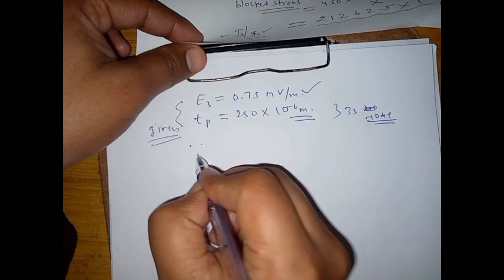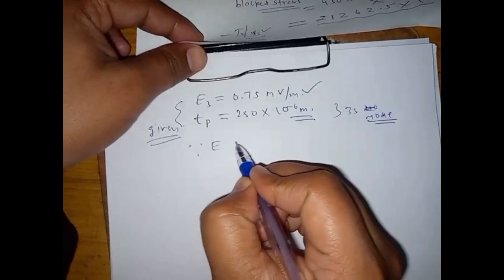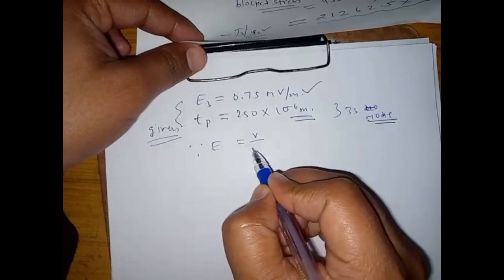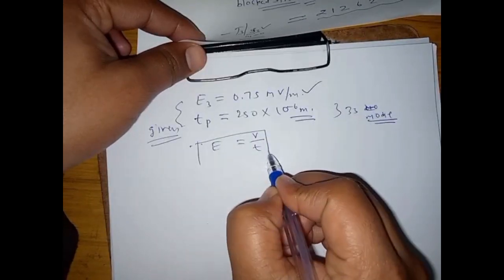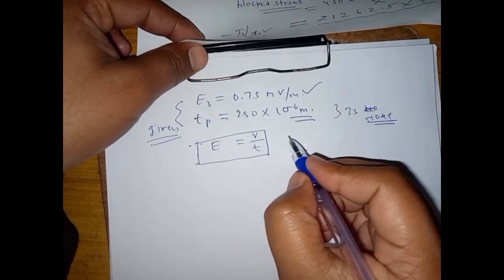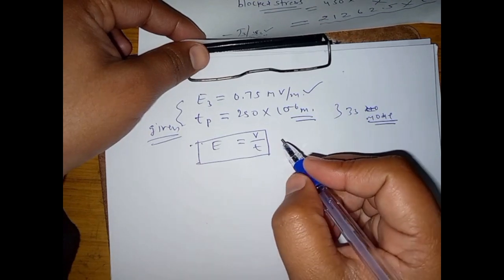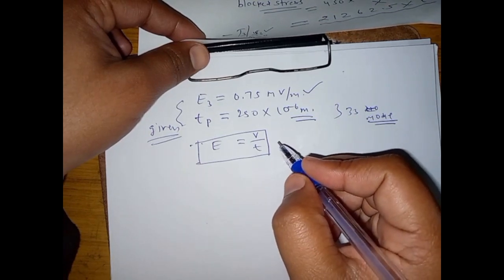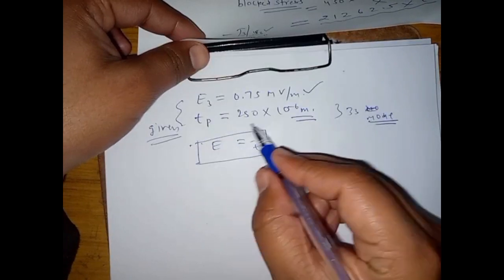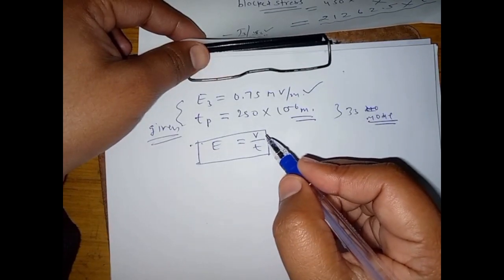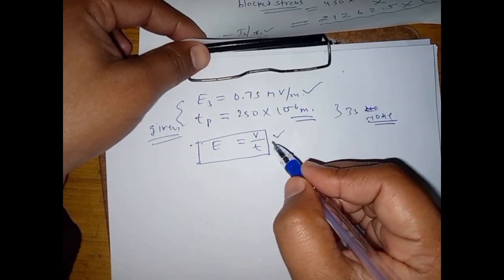We know that the electric field is equal to the voltage divided by the thickness. This formula, if you don't remember, please go to the class 11th or 12th chapter on voltage and electric field; you will easily find this formula there.